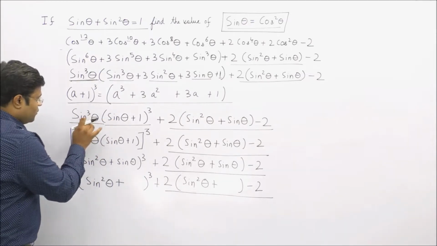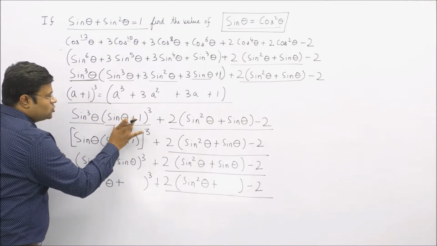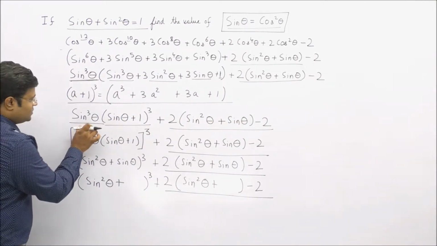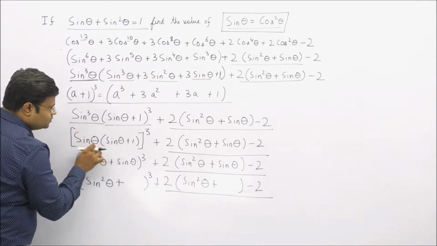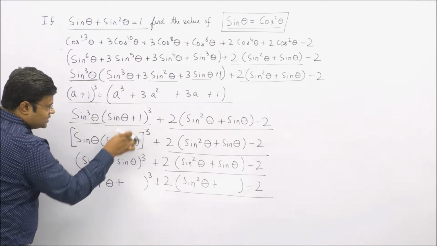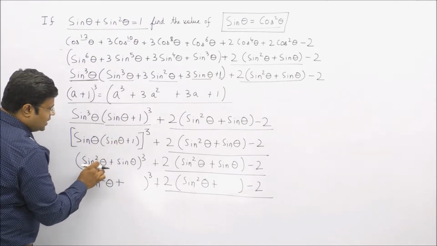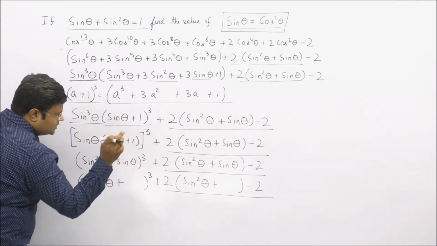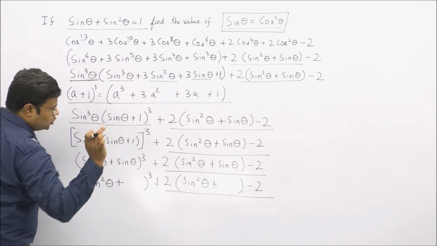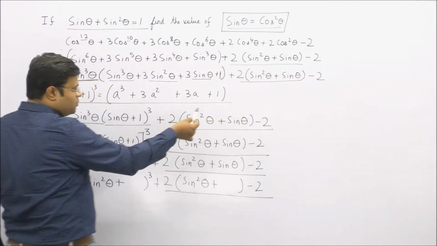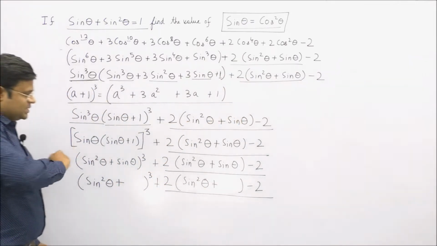Now what we do, we have something cube and something else also cube, so we take the whole cube common. So we have sin theta into sin theta. So this sin theta stays here, this comes in this bracket. Sin theta into sin theta is sin square theta, and sin theta into 1 is sin theta, the whole cube. This I said we have not touched. We brought it all the way up to here as it is.